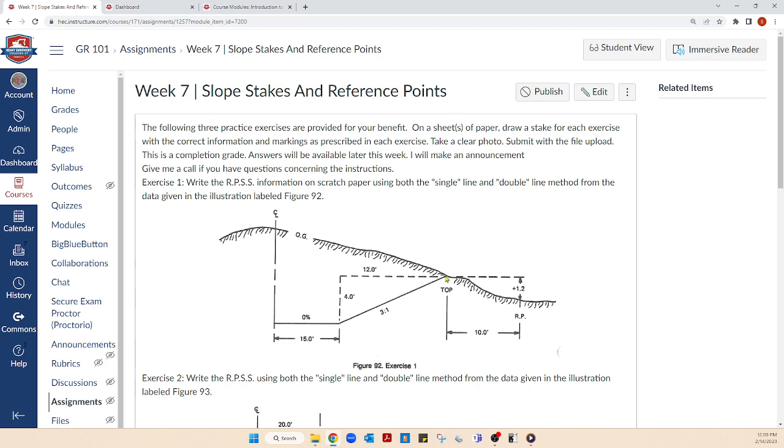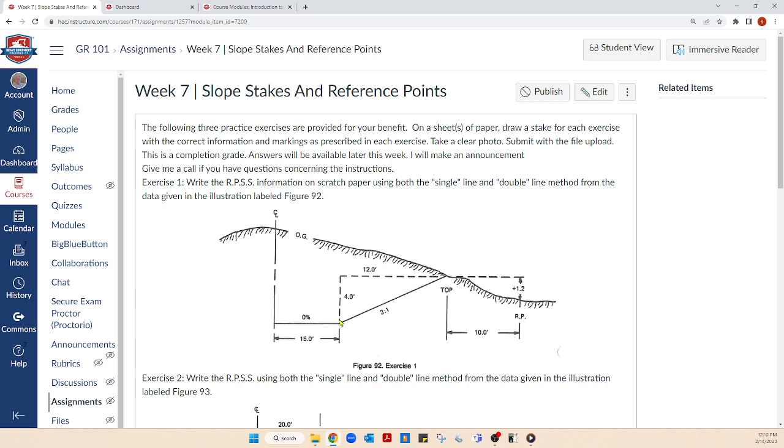And then you will cut 4 at 12 feet. That would give you 3:1.